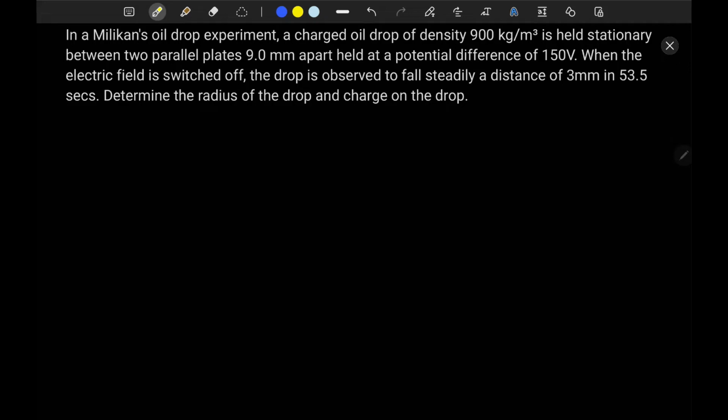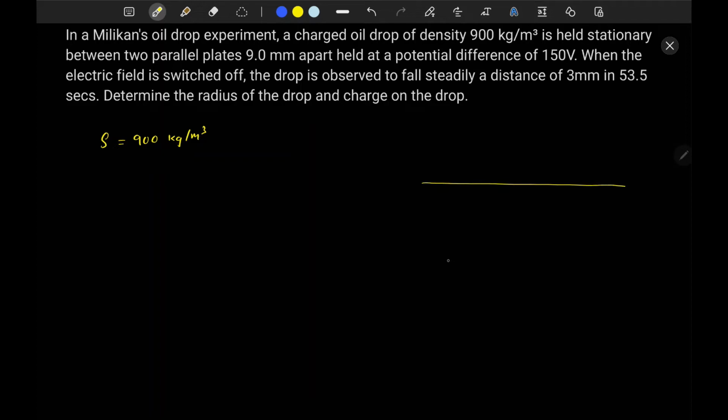In a Millikan's oil drop experiment, a charged oil drop of density 900 kg per meter cube is held stationary between two parallel plates 9 mm apart, held at a potential difference of 150 volt.